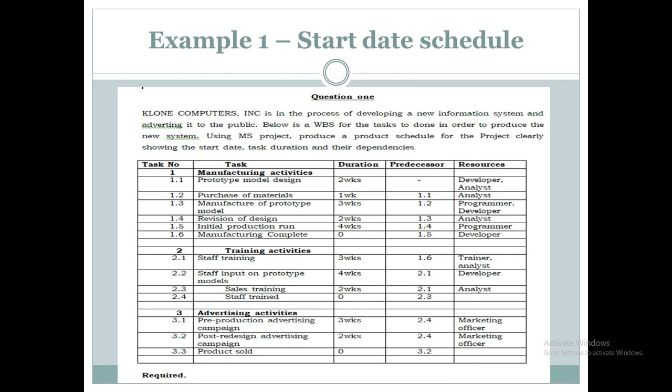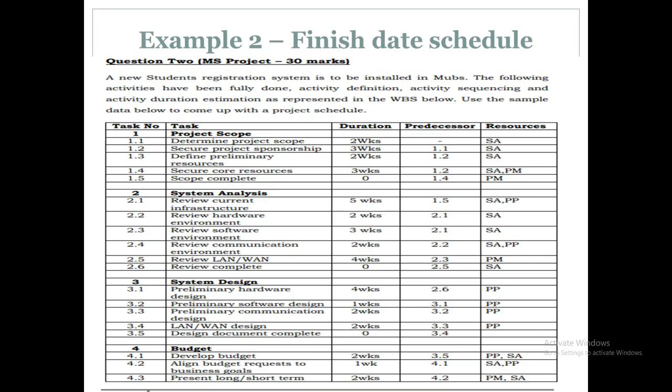Now example 1 is you've been given a start date and you're supposed to schedule using the start date, so that at the end you're required to determine the end date. This is the question. Then example 2 is we are going to schedule our project starting with the finish date.